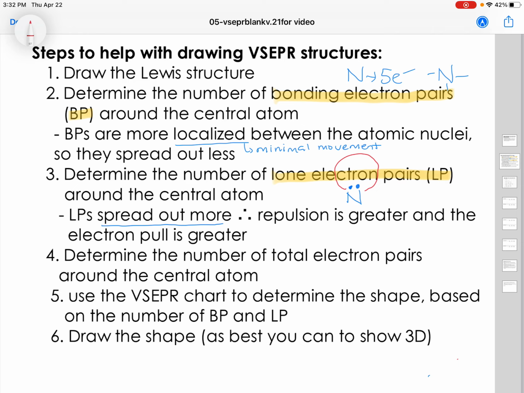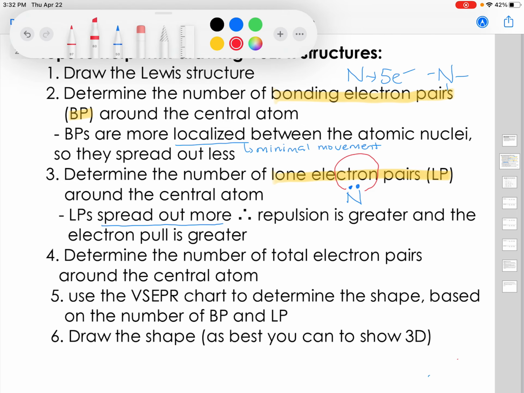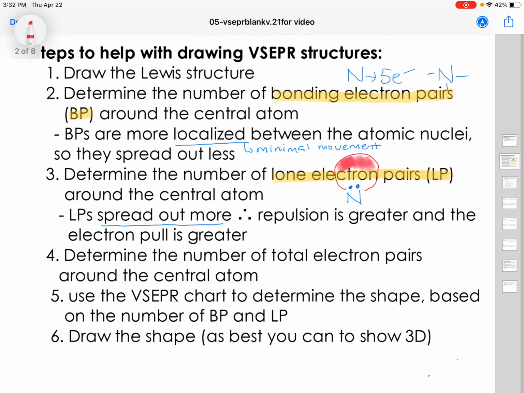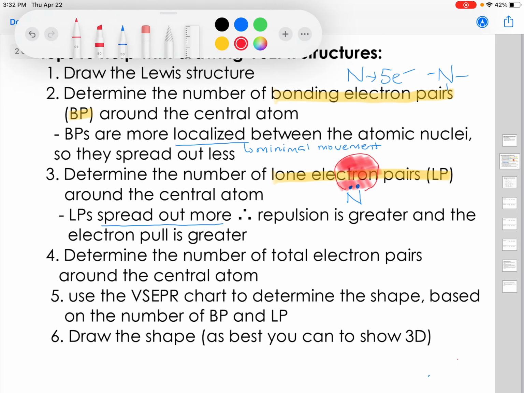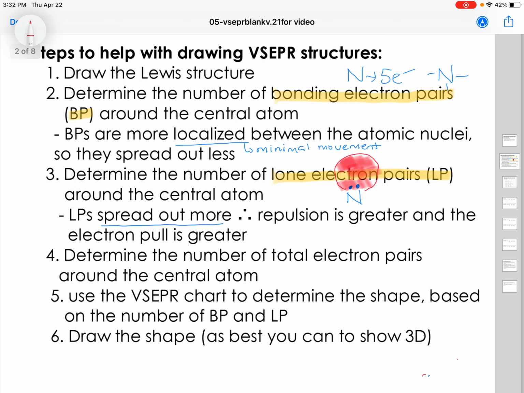The repulsion is greater. It can form sort of this clouded area where the electron density exists. Okay, and it's really spread out. And then that means that the repulsion can be greater and the electron pull is greater, which is going to influence the polarity.